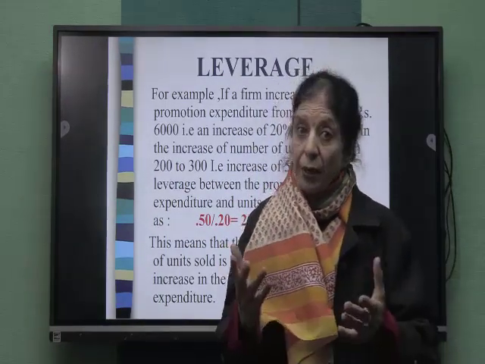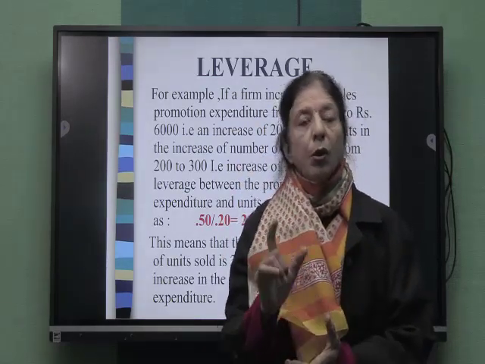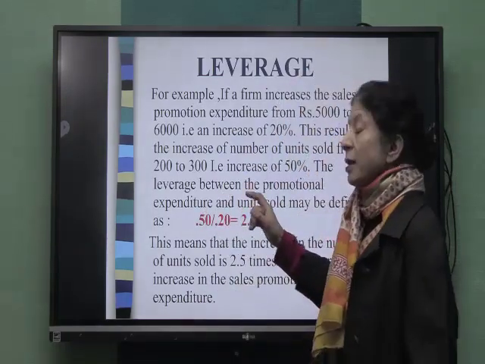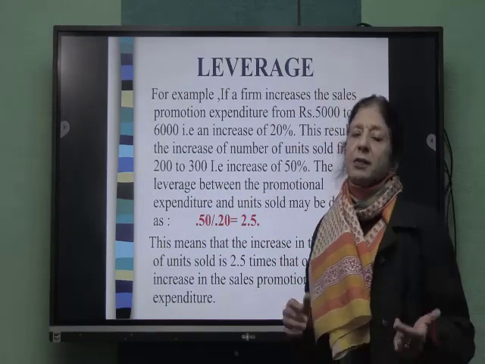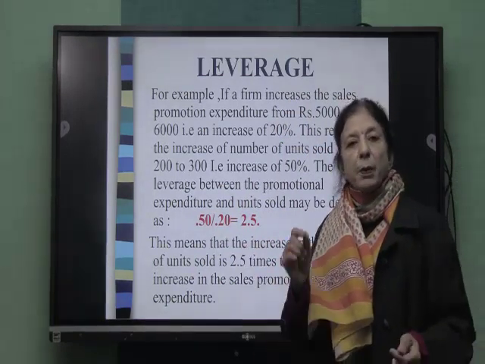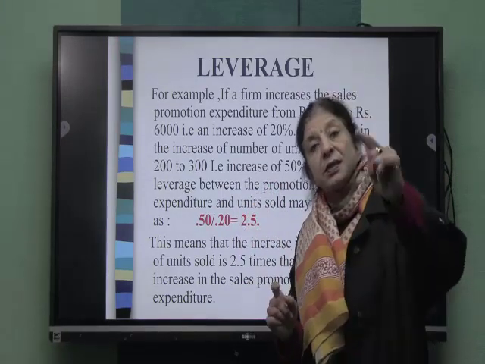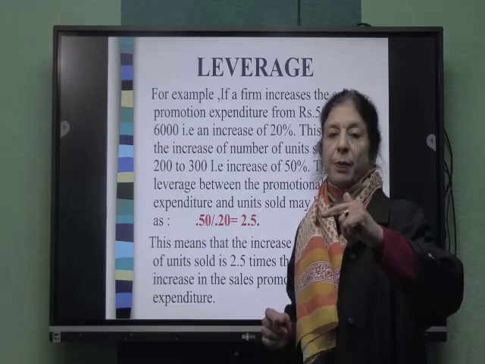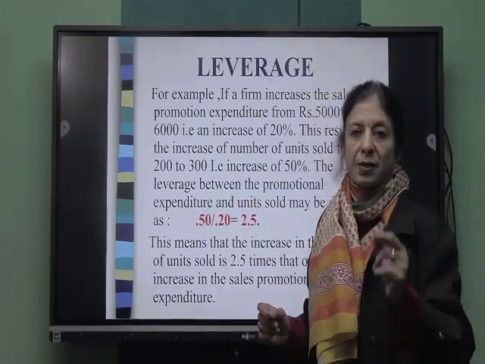I'll find out what will be the effect of that expenditure on my sales. Then I can take the decision whether the promotional expenditure should be incurred or not. That means the sales becomes the dependent variable and the promotional expenditure becomes the independent variable, and the ratio of the two is called leverage.